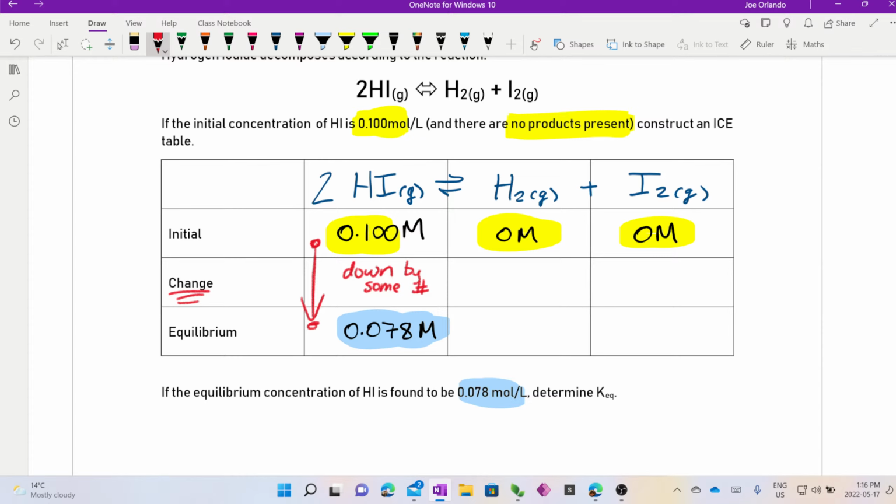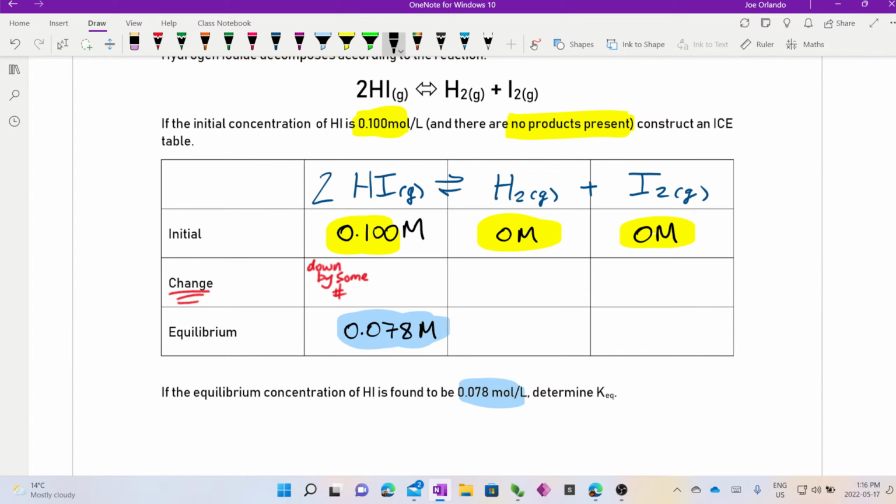Does that make sense? The point is, if we started out with nothing but HI, this had to go down by some number. So, do I want to write down by some number? Well, I could, and that's fine. In fact, I'm going to say down by some number. But then I'm going to point out that in math, how would we say this went down by some number?